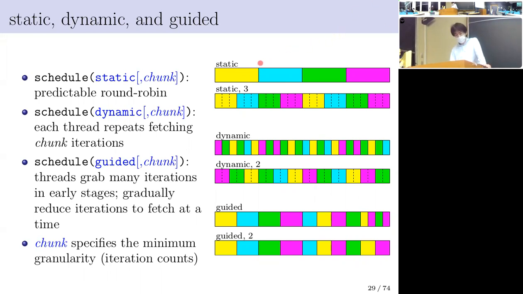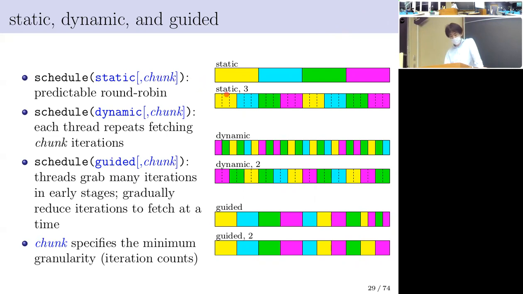You simply divide the number of iterations each thread will be working on, then the entire work will be evenly distributed among threads.